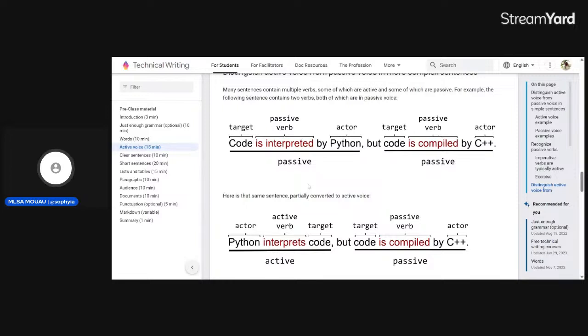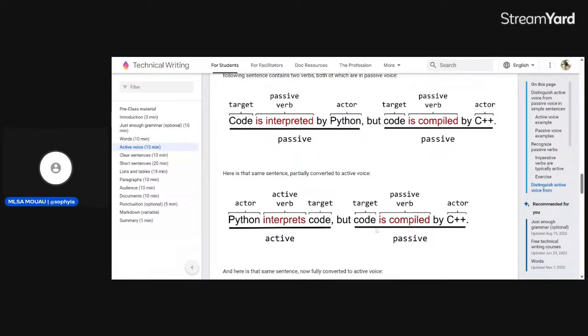An active voice would definitely be: Python interprets code. So the actor is first, the verb is next, and the target follows after. But here it says Python interprets code, but code is compiled by C++.